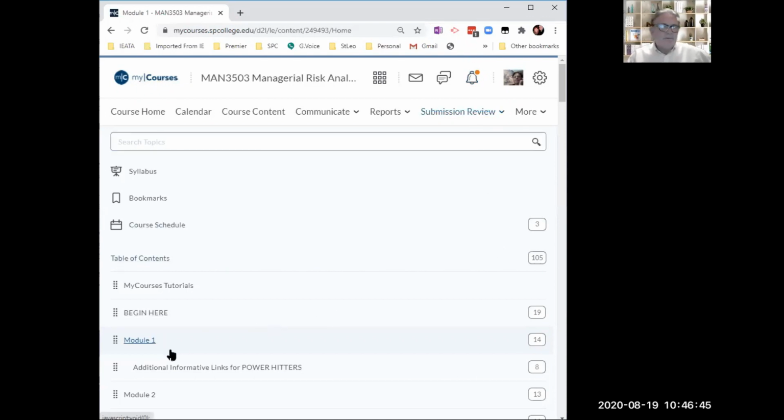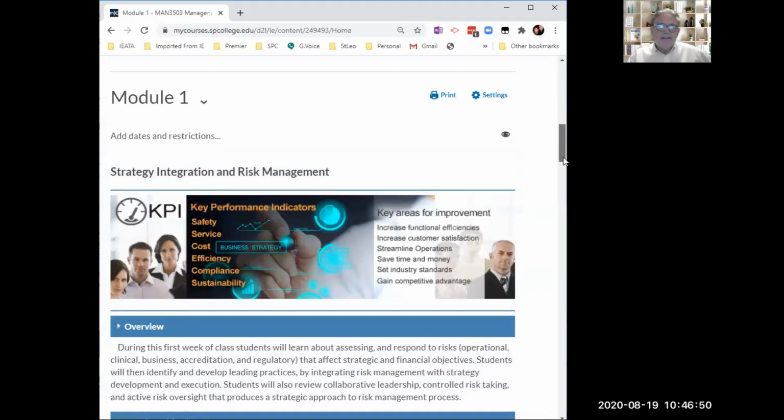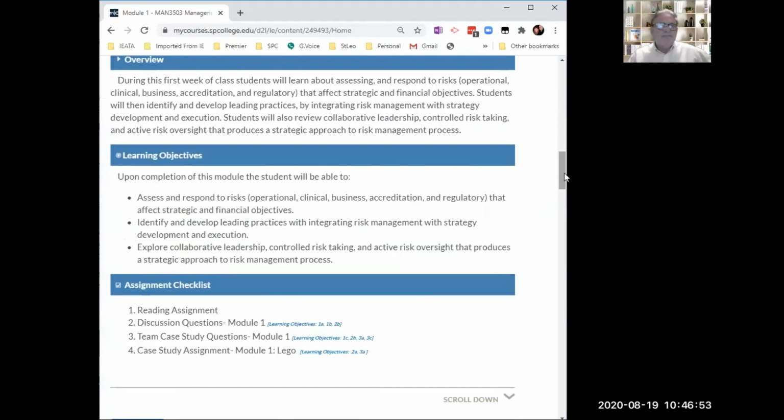Okay, let's go to Module 1 now and look at our first assignment. So you will see that every module is going to start with objectives. And in this case, the first objective is to respond to risk, assess risk, and you're looking for the operational, clinical, business, you're looking for regulatory, and all those things that apply to risk. So when you're writing your paper, be sure to use the technical language of the particular industry and reflect on how those objectives relate to that particular case study.